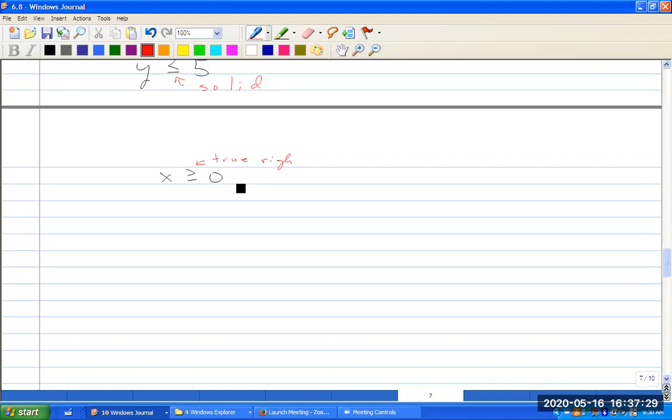And lastly, I have here y is greater than or equal to 0. So this is going to be true above. And it'll be a solid line. Okay, so now let's draw the constraint.